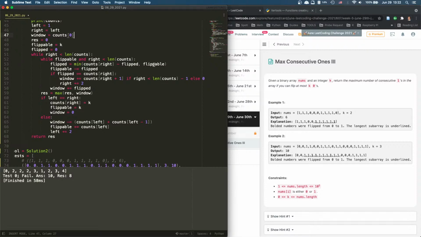How many is flipped? No. That doesn't feel right. Doesn't feel right. We have flippable, right? Current flippable. And then we have this is the opening space, right? The opening space.